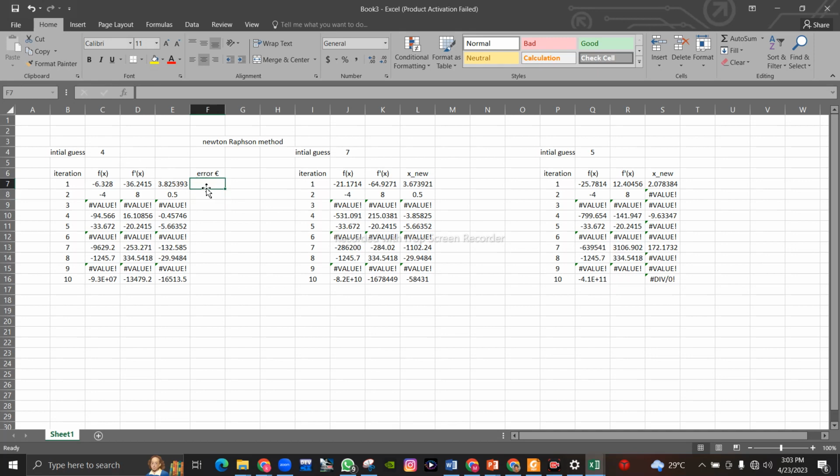So that will be equals to ABS of this minus this. So we're going to have Control C and then Control V, and then error, Control V and then Control V.